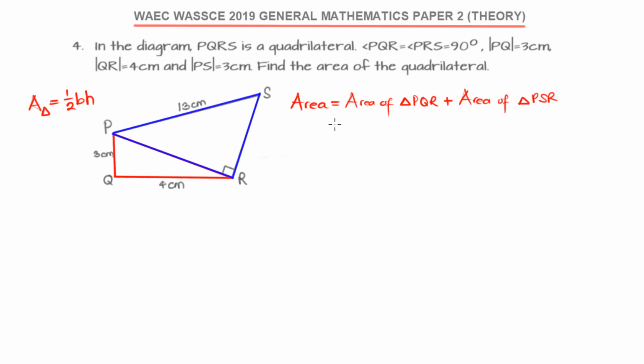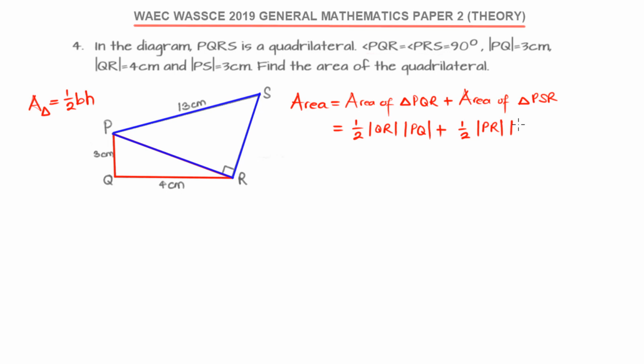Okay, and for these triangles, we can just express that as for PQR, half multiplied by the base. The base is QR and the height is PQ. So half multiplied by QR times PQ. That's for the first triangle. And then the second triangle, the base will be PR. Okay, so we have half multiplied by PR multiplied by the height.